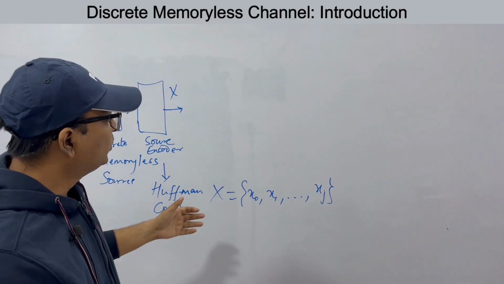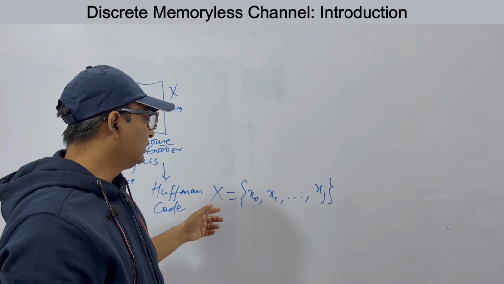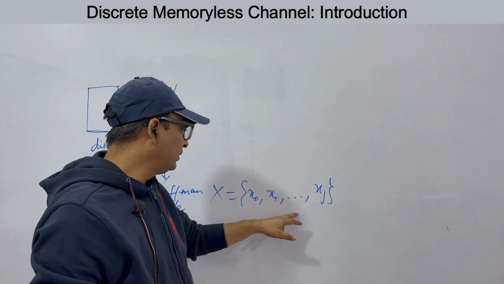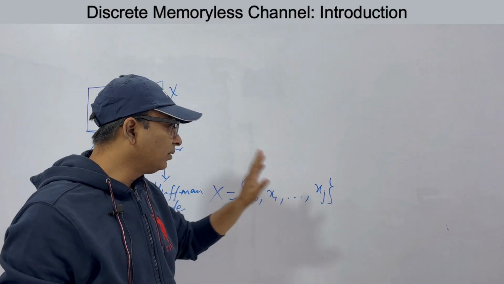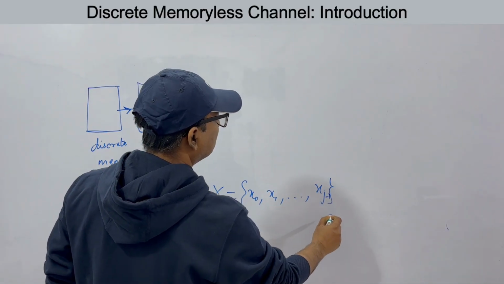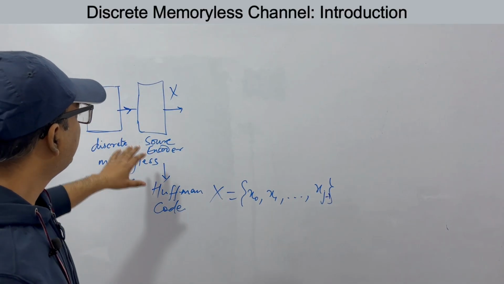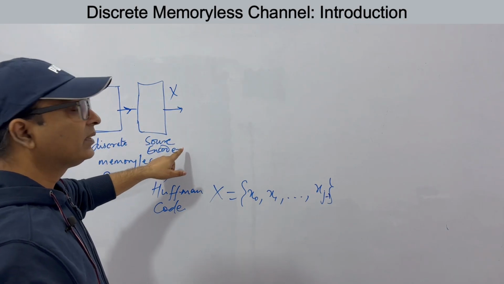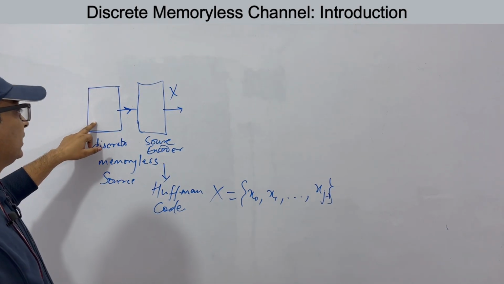And there's one term called cardinality of the alphabet. Cardinality means the number of elements present. For example, here we have j plus 1 number of elements. So to make it j number of elements, let's say this is up to j minus 1. Okay. So this is what we are getting from this point after our source encoder, not from here.